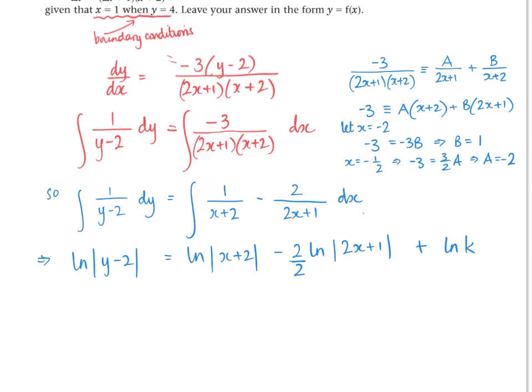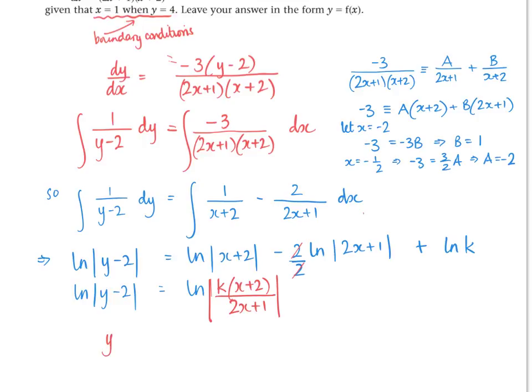Right, so ln y minus 2 is equal to ln, these two cancel out, so we've got k times x plus 2 all over 2x plus 1, take the modulus of that, and then that allows us to take away the natural logs.